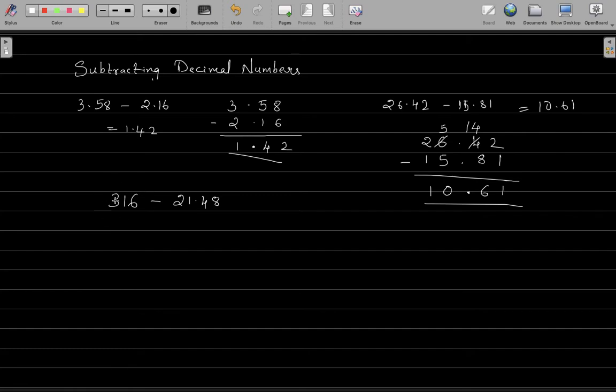Because this is just a natural number, to convert it into a decimal number we just write 316.0, and because I have two decimal places here, let me add two zeros, because we know that you can add as many zeros as you want to the extreme right of your number after the decimal point, and the value of the number will not change. Because I have two positions here, I am introducing two zeros.